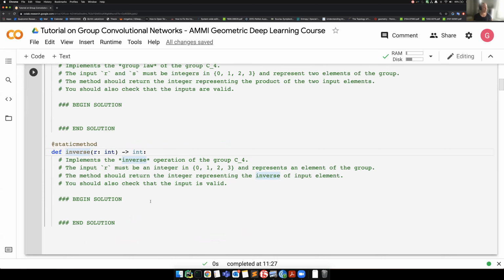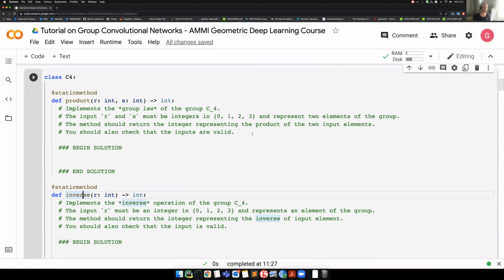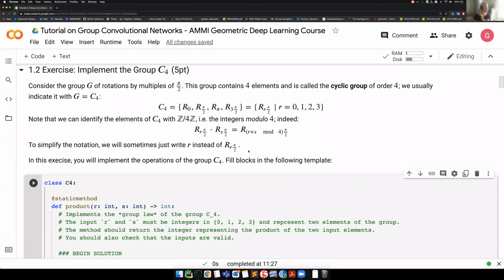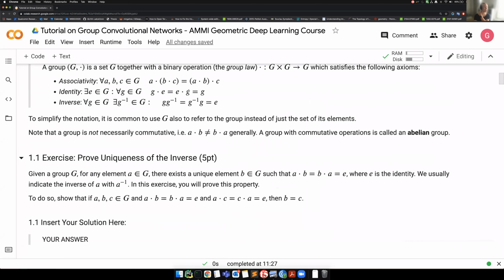For the inverse, I did not give you here the solution of what is the inverse of R. So you have to figure out yourself what is the inverse of the group element R. But you can do it yourself using these solutions. You saw here how to show that the inverse is unique.